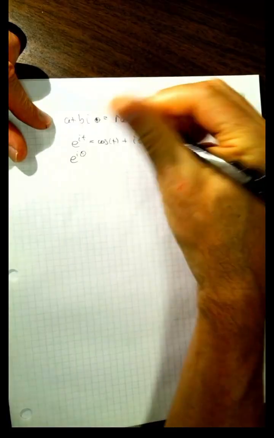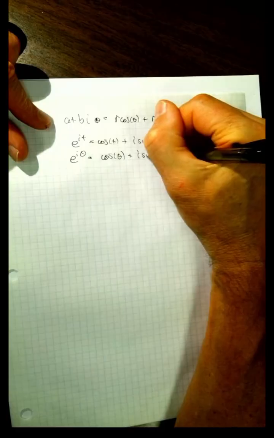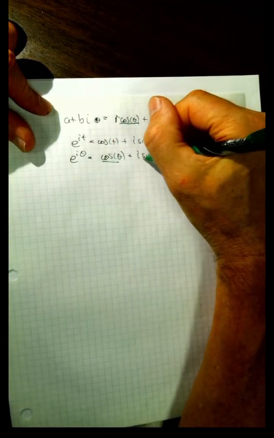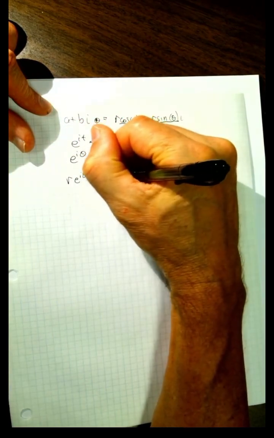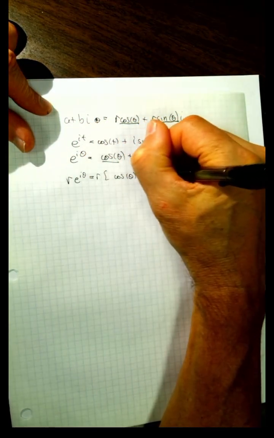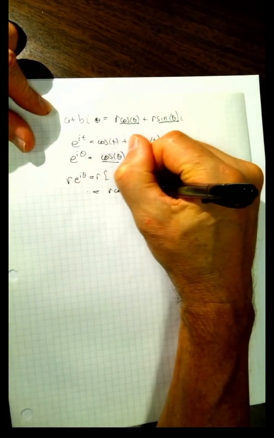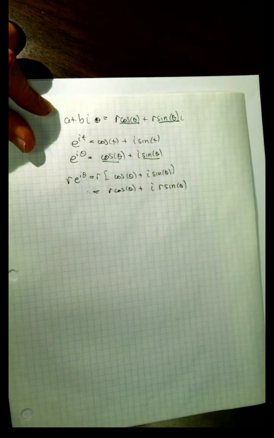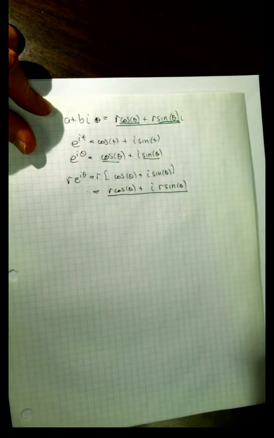If I replace t with theta, I get that. But now notice the real part is cosine theta. The imaginary part is sine theta. So if I multiply both sides by r, I get r cosine theta plus i r sine of theta, and that is the polar form. This is exactly equal to that.